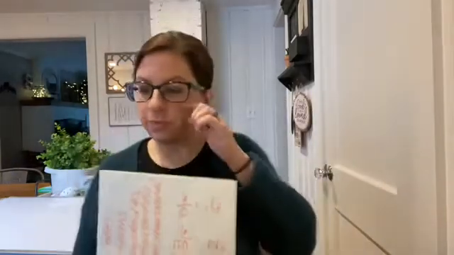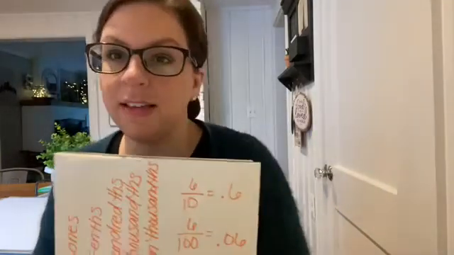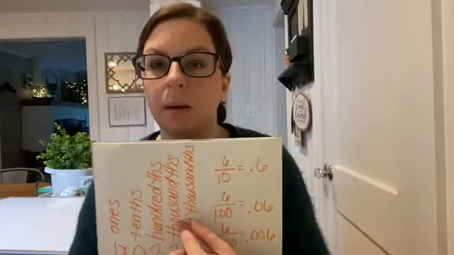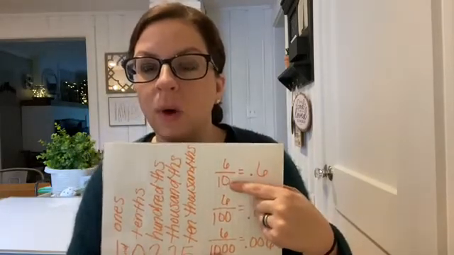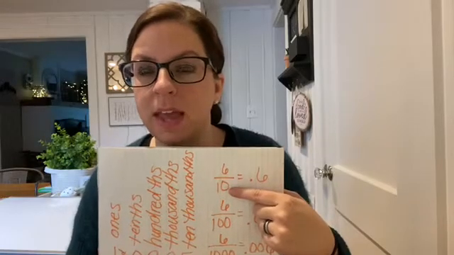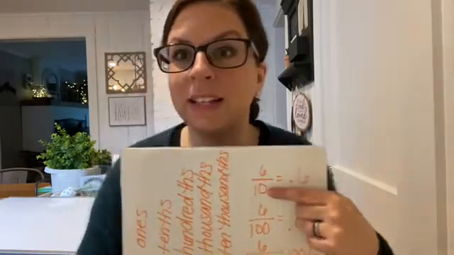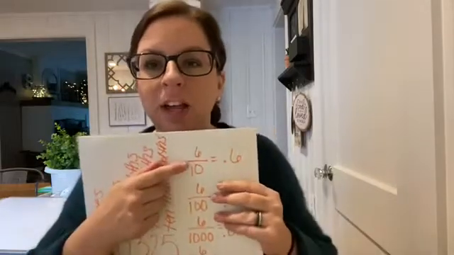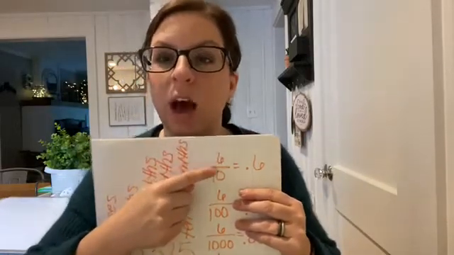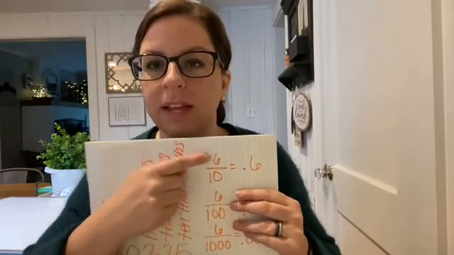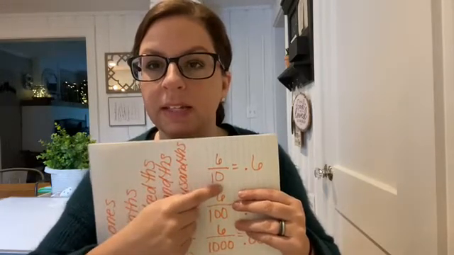So when we say a number, depending on what is on the bottom is how you're going to write it as a decimal. The fraction 6/10 means 6 out of 10 pieces, 6 divided by 10.